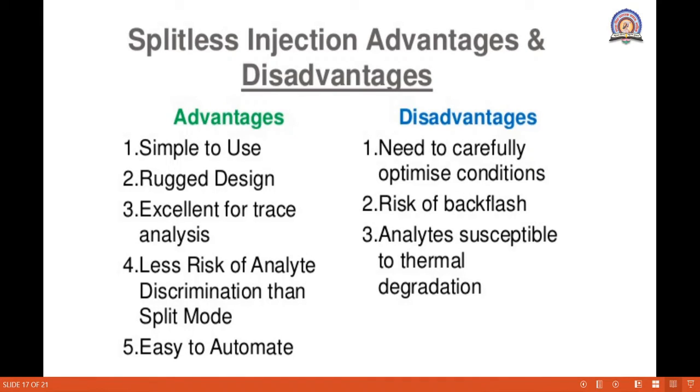Then we see the splitless injection advantages and disadvantages. Simple to use, again rough design, then excellent for trace analysis. While split injections are not used for trace analysis, here the splitless injections are excellent for trace analysis. Less risk of analyte discrimination than the split mode.